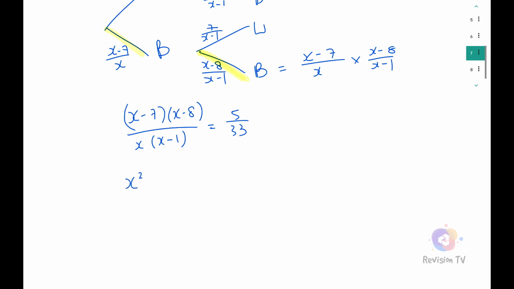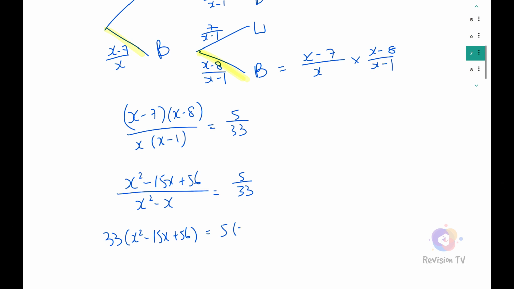Expand the numerator, x squared minus 15x plus 56, over the expanded denominator, x squared minus x, equals 5 over 33. Cross multiply. So 33 bracket x squared minus 15x plus 56 equals 5 times x squared minus x.